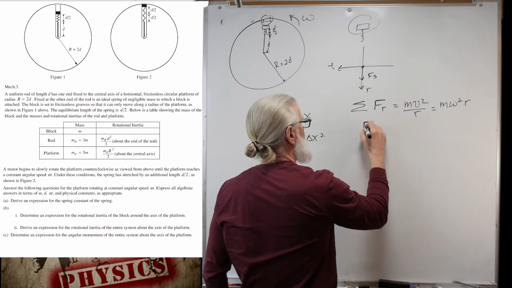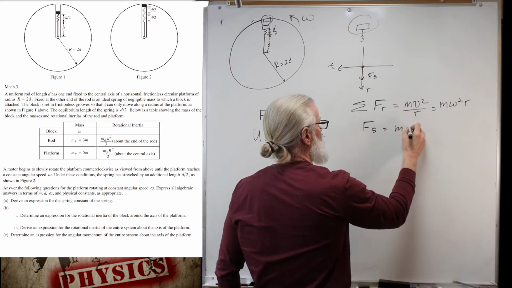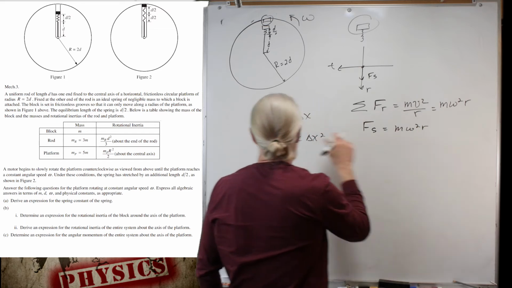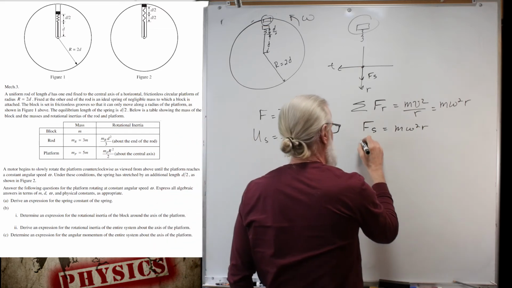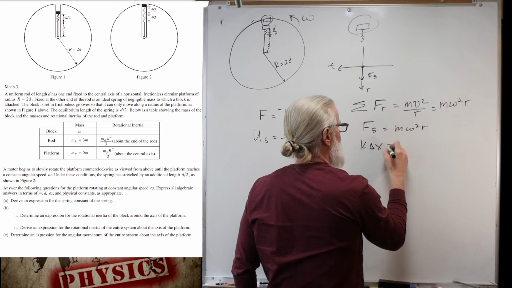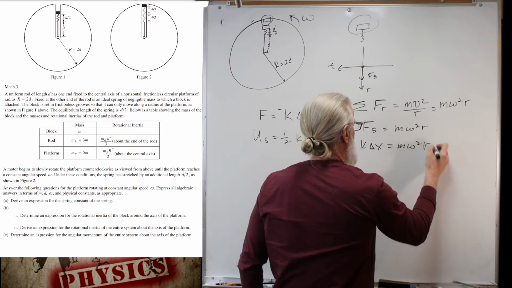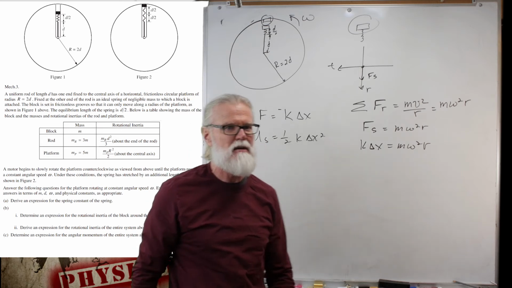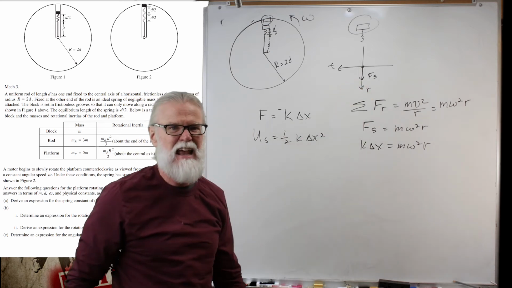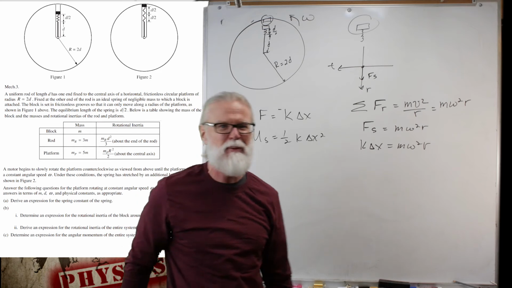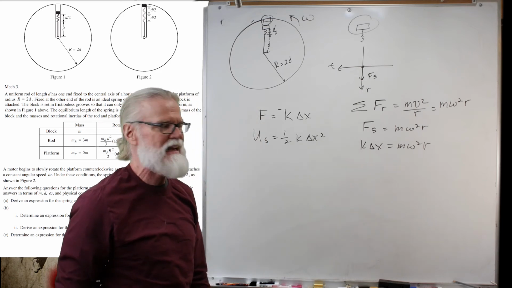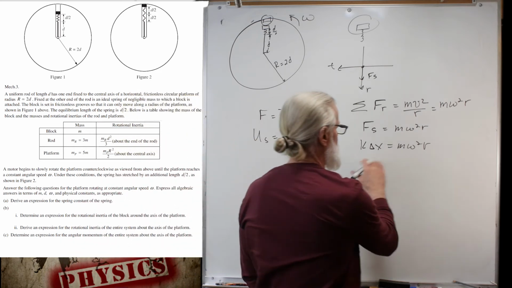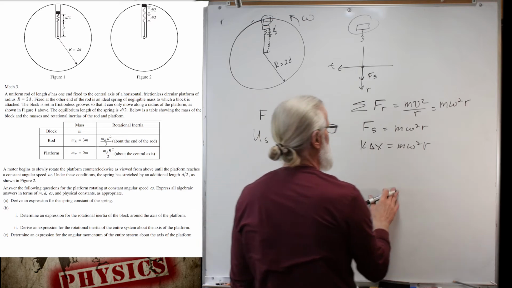The spring force equals m omega squared r, but the spring force is k delta x. I'm not going to worry about the negative because I know what the negative means. It's just talking about direction. I've already taken into account direction. Don't just slap a negative on there. Know what the negative means. So just going to drop that in there like that.